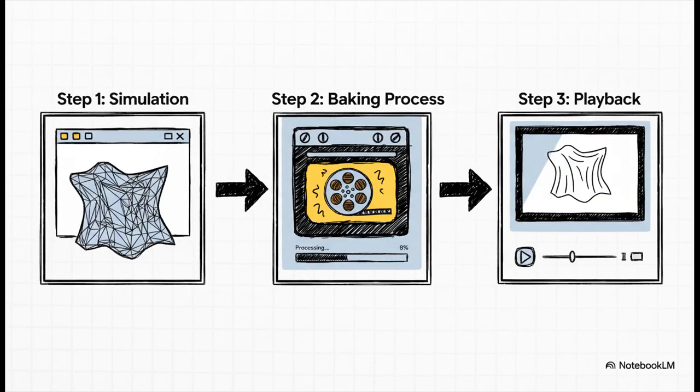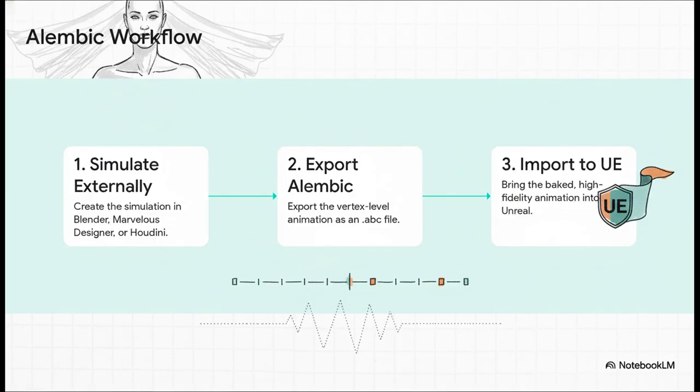But what if you don't need all that real-time reaction? What if your one and only goal is to get the most beautiful, highest fidelity cloth possible for, say, a cinematic? Well, that's where the other philosophy comes into play. We're talking about baking the simulation with something called an Alembic cache. So how does this work?